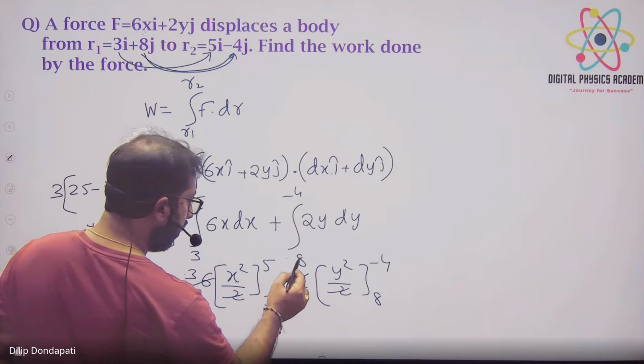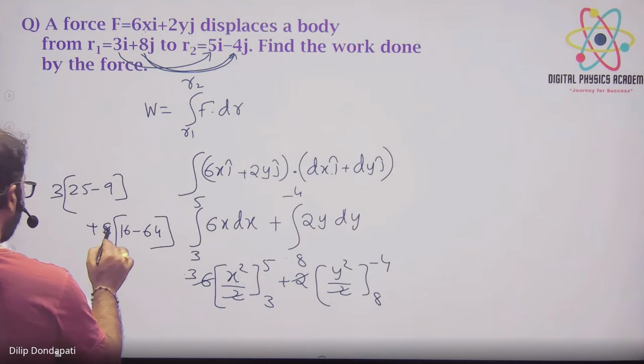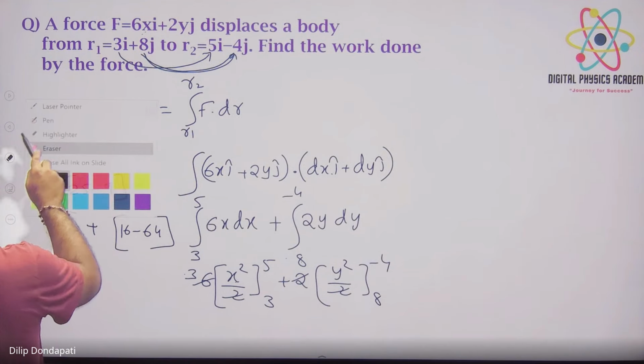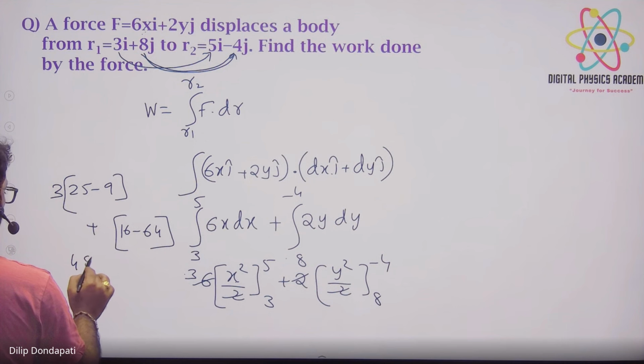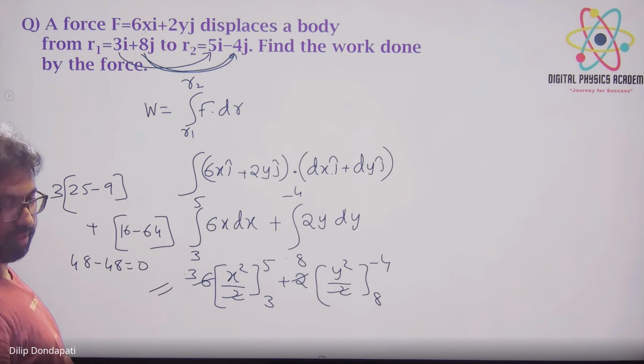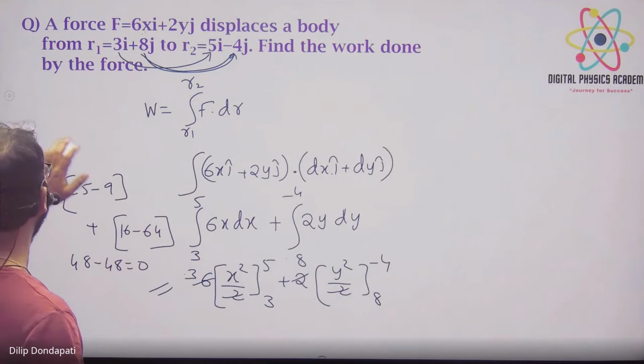Sir, 2 will get cancelled and why is there still an 8? ओह, इधर 2 कैंसिल राइट. इधर मैं तो लिमिट्स ये डाल रहा हूँ. ओके ओके. हाँ, कितना है? 48 minus 48. So it is 0. There is this question in the book. Yeah, sir, I was doing the exercise. I remember this question. ओके ओके. हो गया, understood. Yes, sir.